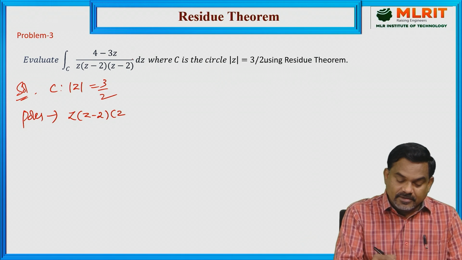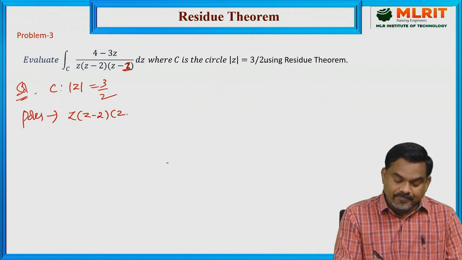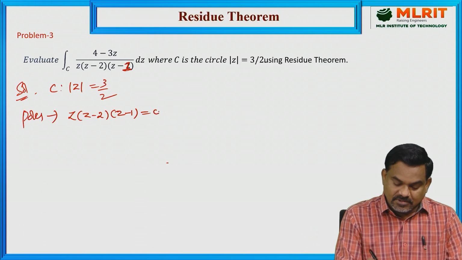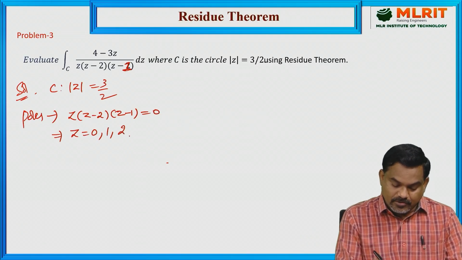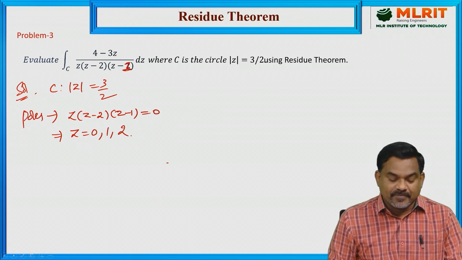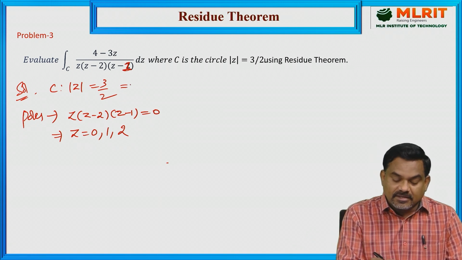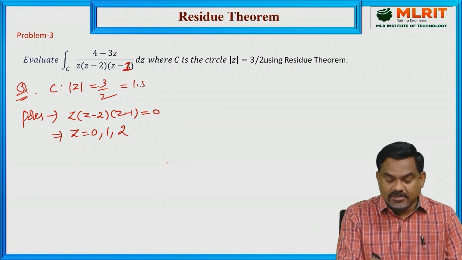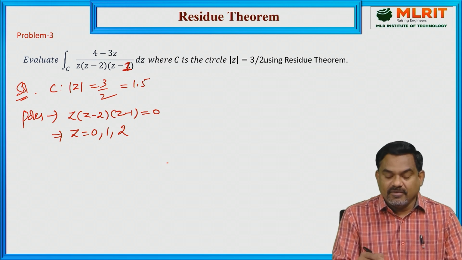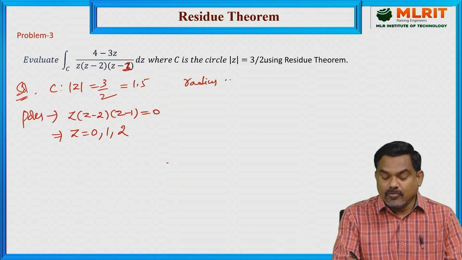Of course there is a typo here, this is minus 1. z minus 1 is equal to 0, that implies z equal to 0, 1, 2. These are the poles. And what is the given circle? Mod z equal to 3 by 2 means 1.5. So it's a circle with center at origin and radius equal to 1.5.